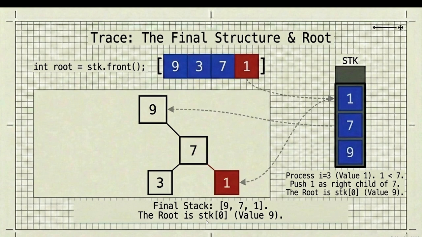If it is greater, we pop things from the stack. If the stack becomes empty, it becomes the root. If it is not empty, it becomes the right child of the current stack top, and the last popped element becomes its left child. That's how we construct a Cartesian tree.